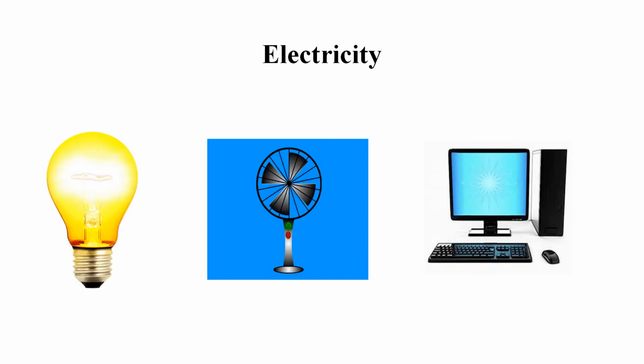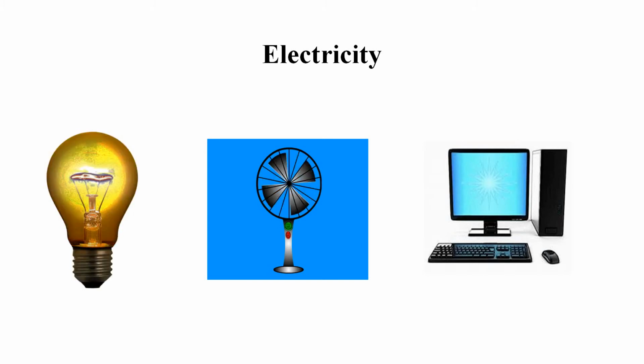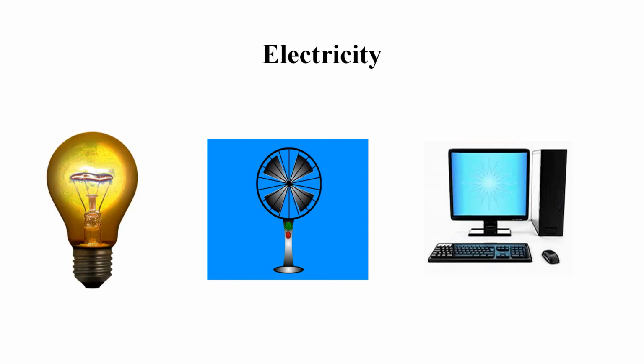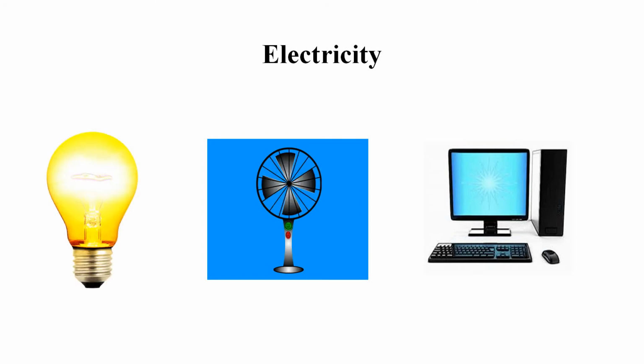We use electricity to operate various other gadgets like room heaters, fans, water coolers, electric irons, pumps for lifting water from tanks, and other machines. Electricity is generated in the power stations and supplied to our homes through cables.